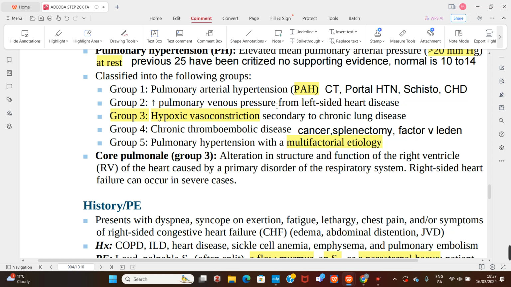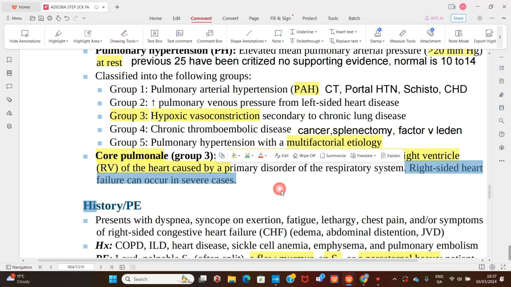And when the vasoconstriction happens, there's going to be some alteration or remodeling within the right ventricle, such as dilatation with eventual hypertrophy of that ventricle. When it becomes hypertrophied and it has undergone that remodeling, we call that cor pulmonale. And at the end of the day, it's going to eventually lead to right-sided heart failure.